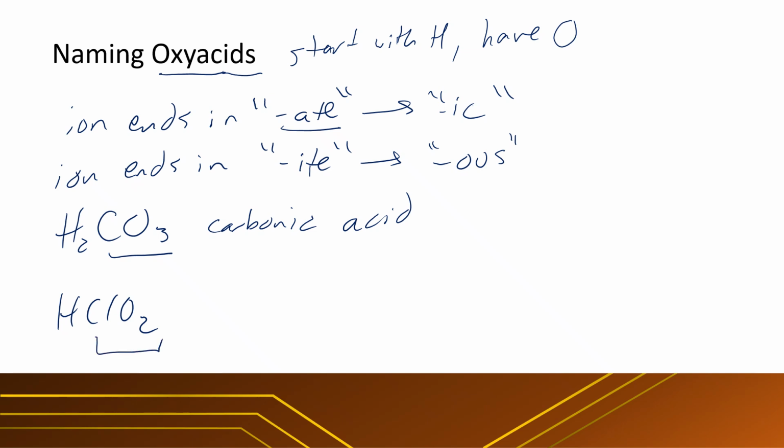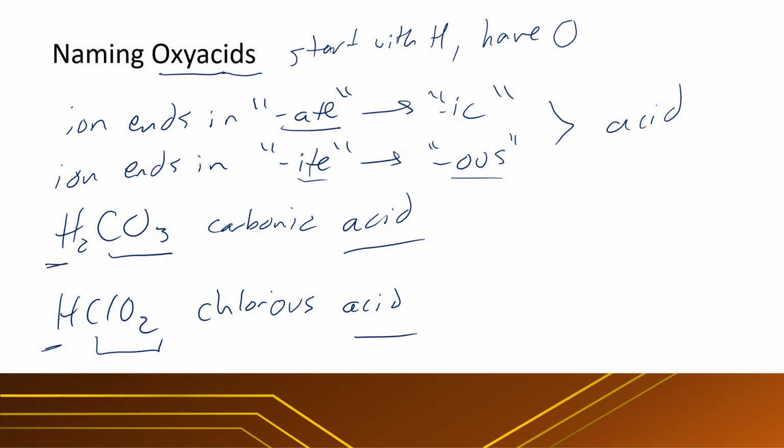ClO2 is one less than chlorate, so it's chlorite. One less oxygen than chlorate. It ends in ite, so ite changes to us. So this is chlorous acid. And for both of them, we always add the word acid at the end, because that word acid tells us that there's a hydrogen at the front. So we've got carbonic and chlorous acid there.